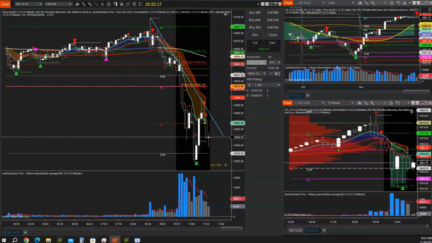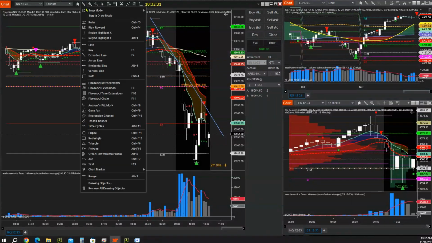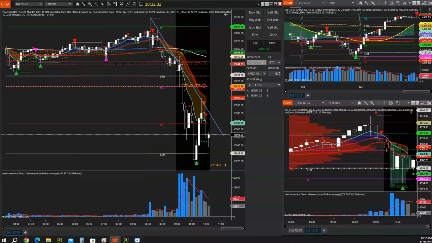So volume is lightening up. This had pretty good volume. Had this sharp move up, and it kind of exhausted, hit the trend line, came back down. And you can draw different trend lines. The key is keeping them somewhat relatable to price action.